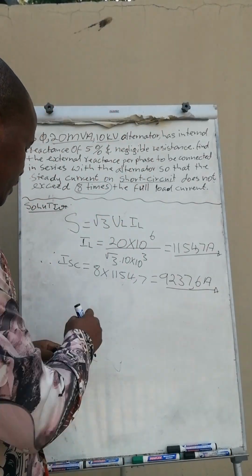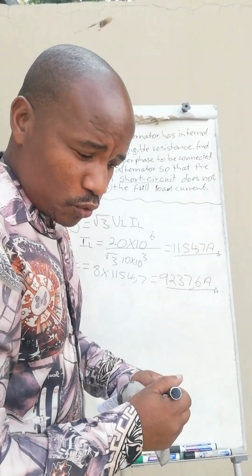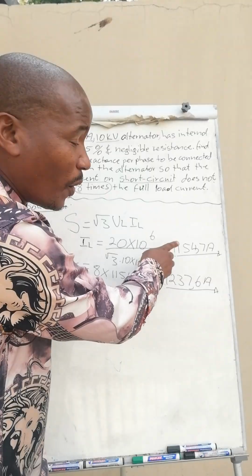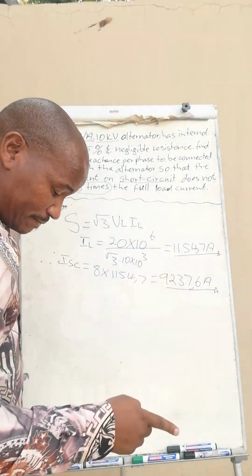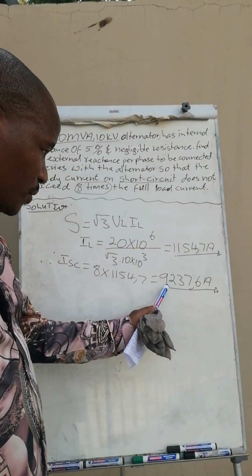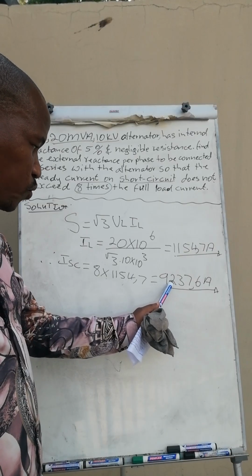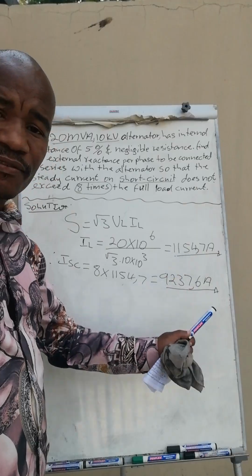As you can see, the short circuit current will always be larger than the full load current. This is the rated full load current when no fault exists. But when a fault occurs, the current rises to a dangerously high value. 9,237 is far bigger than 1,154.